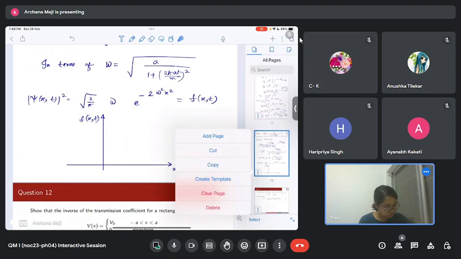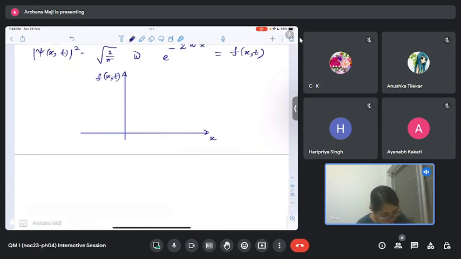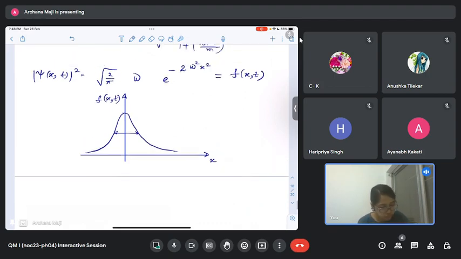So what I mean is, a Gaussian looks something like this. Let's see how the width at half the maxima changes. What is the maxima? At x equal to 0, what is the value of this function? It's square root 2 by pi times omega.